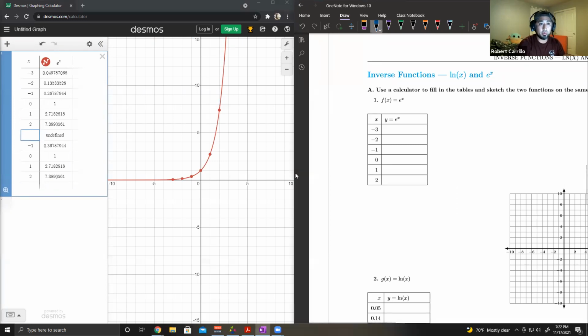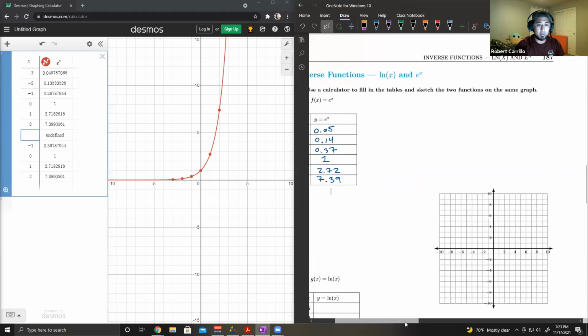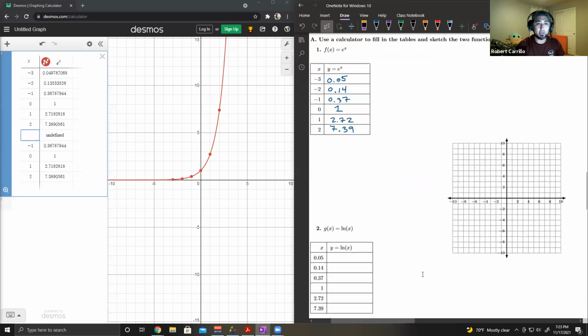I'm going to round to 2 decimal places. At -3, we have 0.05. At -2, 0.14. At -1, 0.37. At 0, we get 1. At 1, we get 2.72. And at 2, we get 7.39.